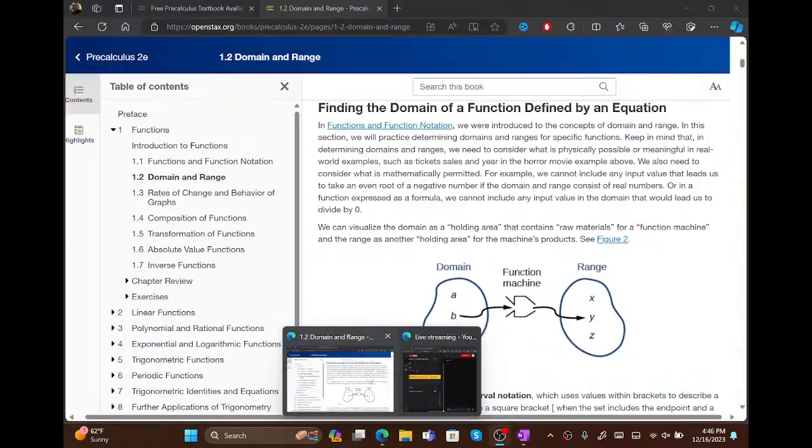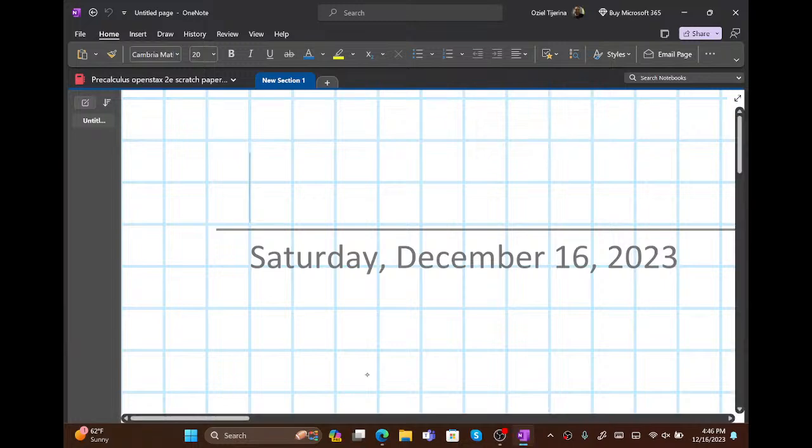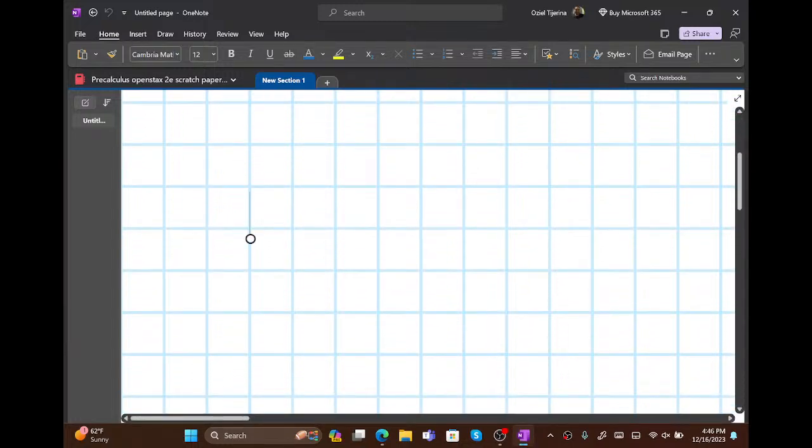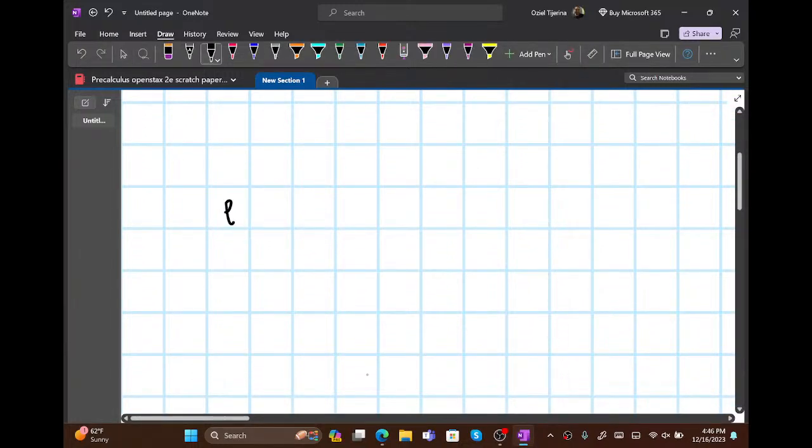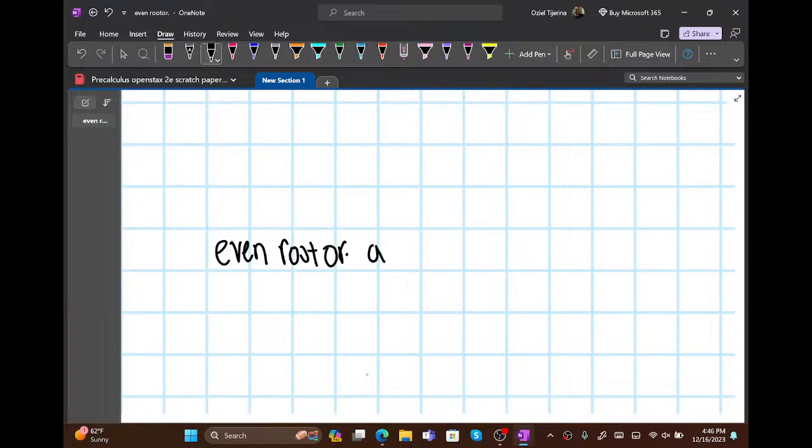Alright, guys. Now, what it means when they say we can't have a negative number in the domain, or the even root of a negative number, what they're talking about, guys, and I'm just going to quickly explain this, the even root of a negative number.